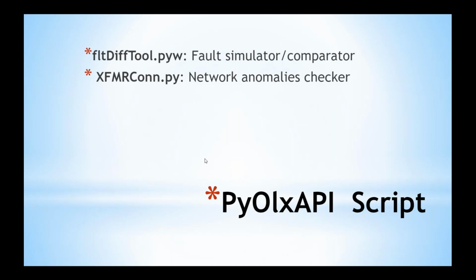Now this is demo time. Let me first demo, and myself and Sue will demo, a few OlxAPI scripts that we have written, as a demo so that you can follow and use that in your real programming if you need to.